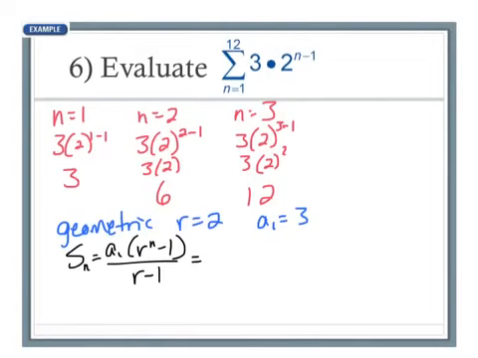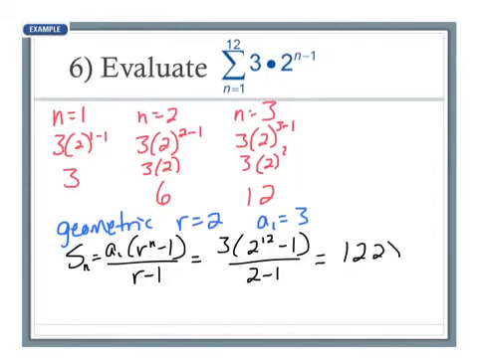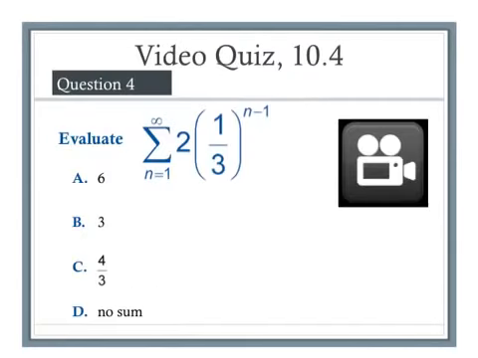So the first term is 3. r is 2. We're finding the sum of the first 12 terms, minus 1 over 2 minus 1. And when you calculate that, you're going to get 12,285. So the value of that sigma expression up there is 12,285. And your fourth video quiz question.